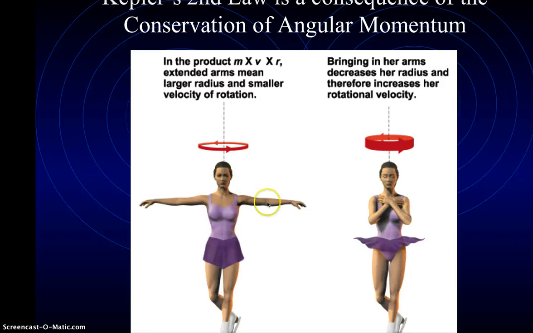As she holds her arms out, she has a particular angular momentum which is going to be conserved. That's because nobody's going to push her to speed her up or slow her down. But if she pulls in her mass to a smaller radius to keep her angular momentum constant, her rotation rate will speed up.